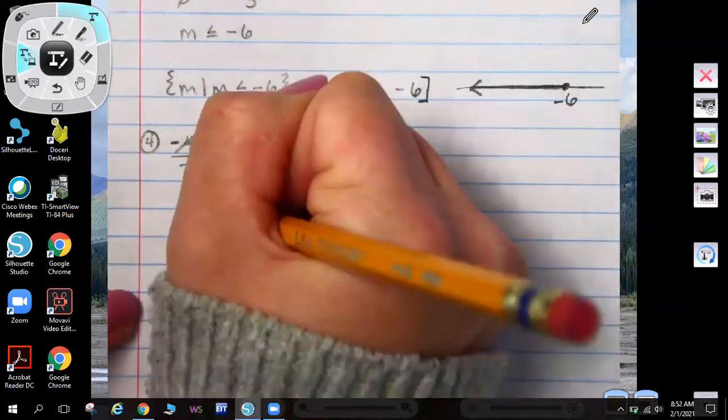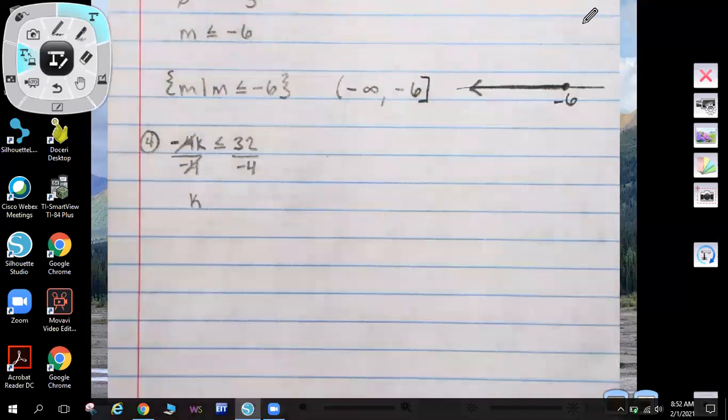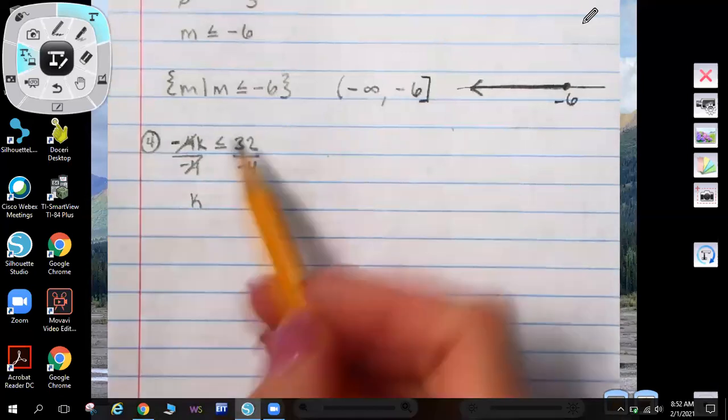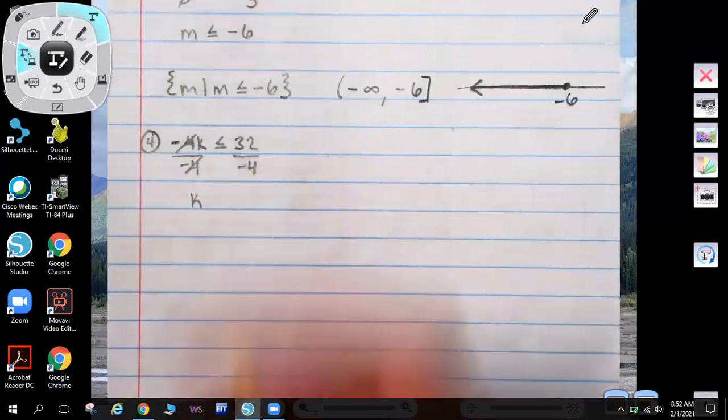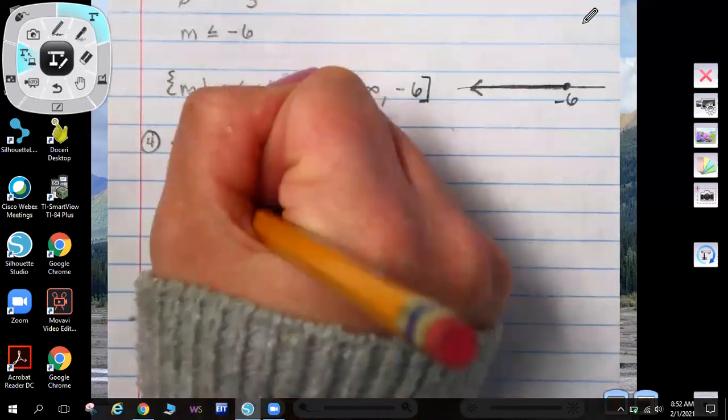So we're left with k on the left side, but then we have to remember a rule about inequalities. When you're solving an inequality and you either multiply or divide by a negative number, that flips the sign. So since we're dividing by a negative 4 here, this sign that is a less than or equal to sign now becomes greater than or equal to.